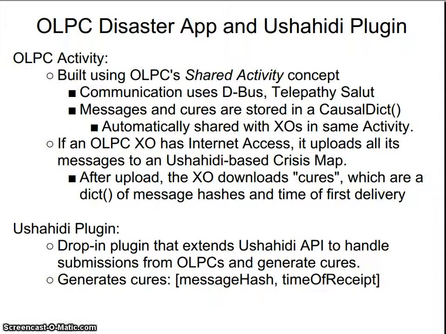It follows the same UI characteristics of any shared activity. In the neighborhood view, you can see other XOs if they are also sharing or in public mode. You can join their activity, and then you'll get any messages that anyone in that group sends. And as we've said, as soon as an XO has internet access, all of its messages are uploaded to the crisis map.